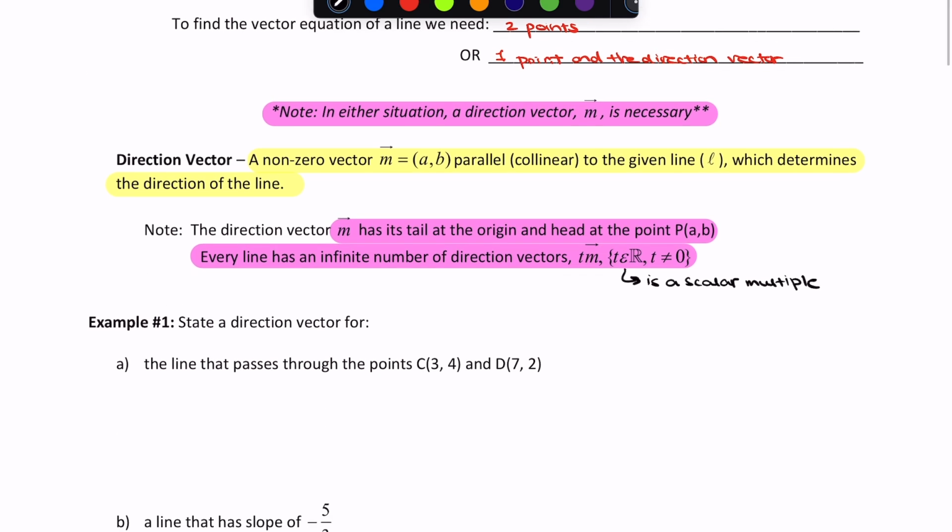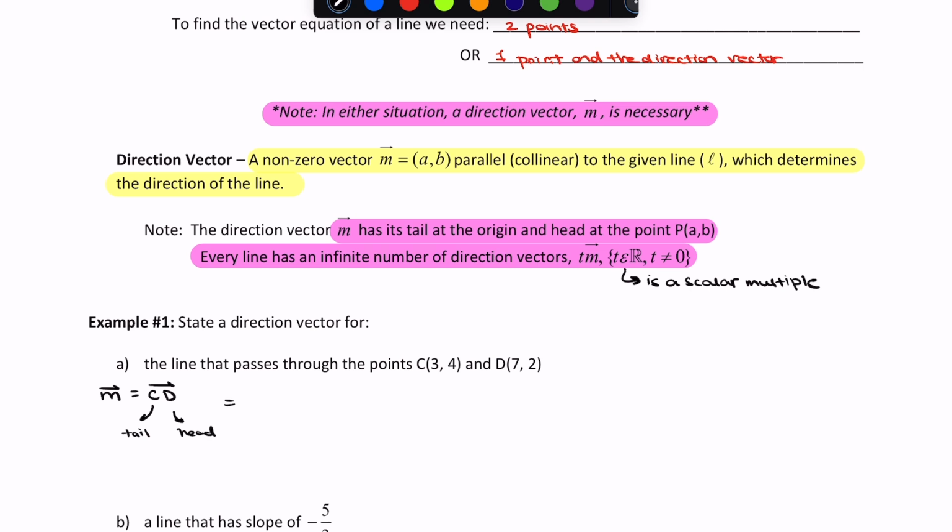So example number 1 says to state a direction vector for the line that passes through points C(3, 4) and D(7, 2). So here you see that our direction vector m is equal to vector CD, where C is the tail and D is the head.